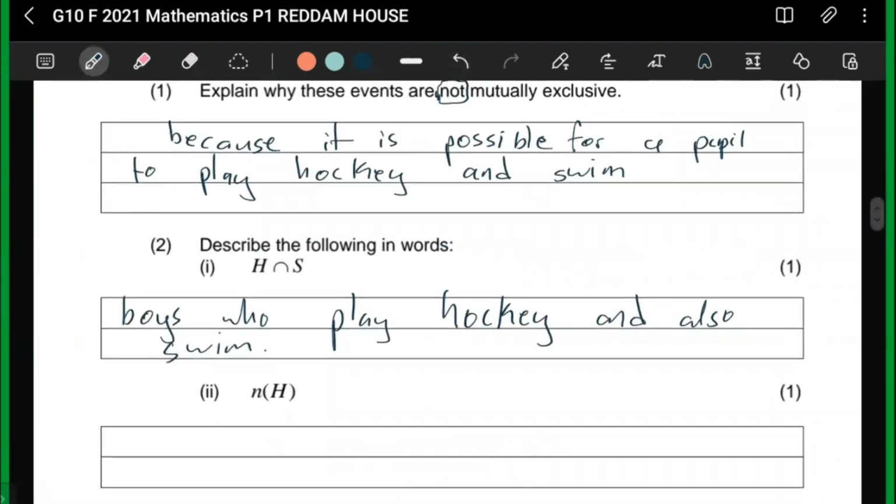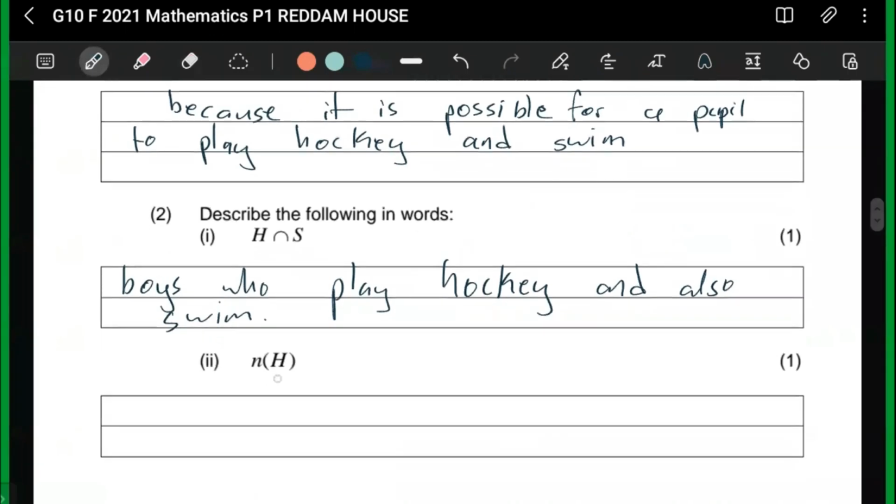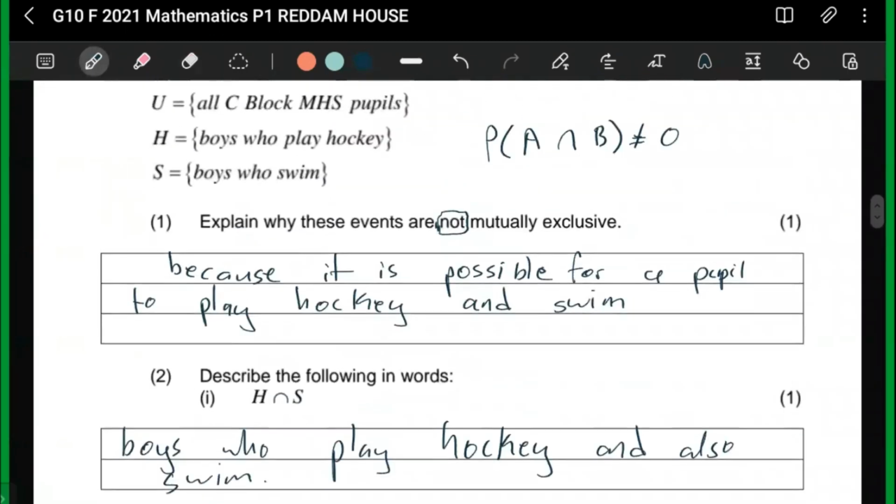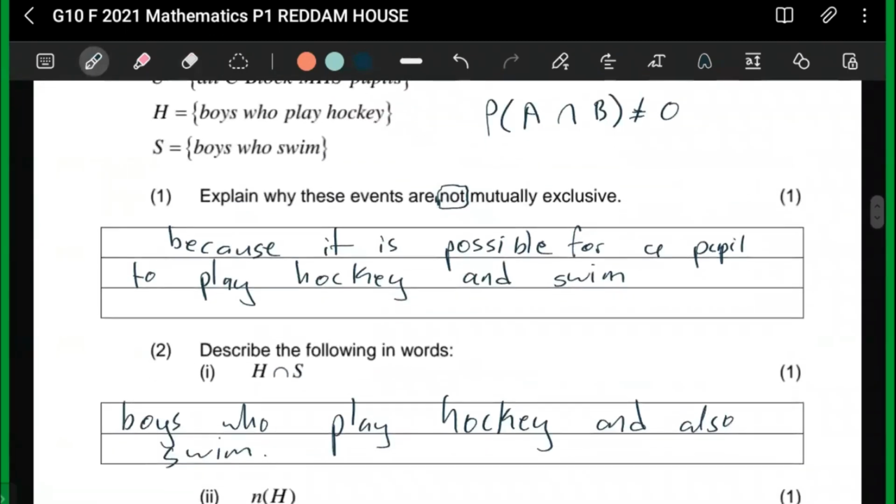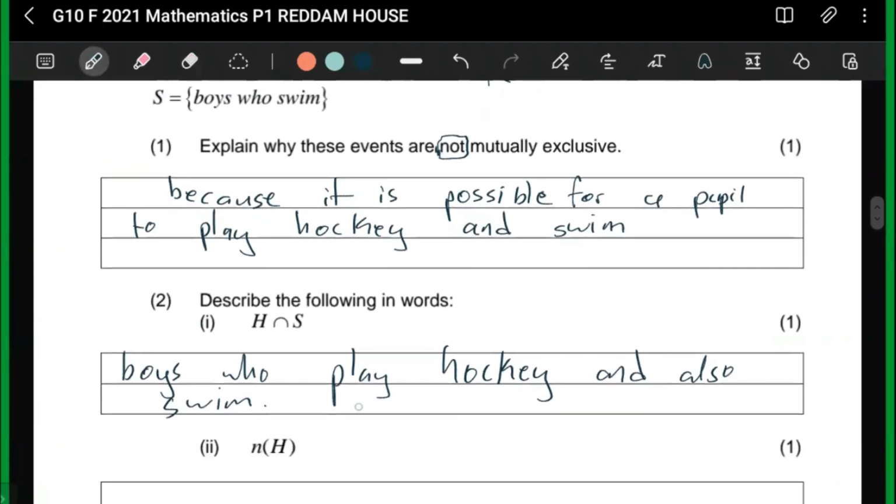The NH here is literally telling you the number of, N here means number of. So this is saying the number of boys who play hockey. If they wanted to say not the boys that play hockey, they'd put an H with an accent there. This is what not means, but then the N in front here means number of.